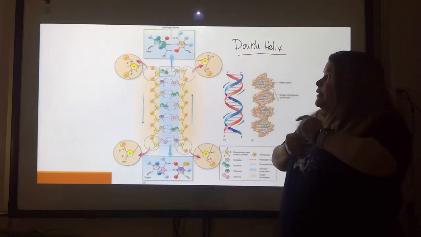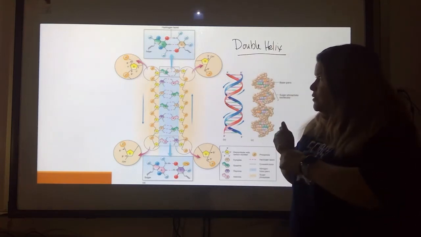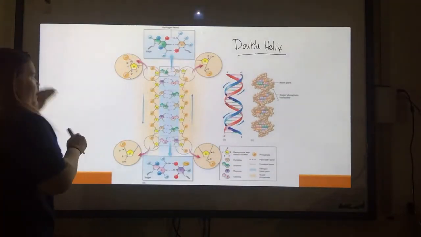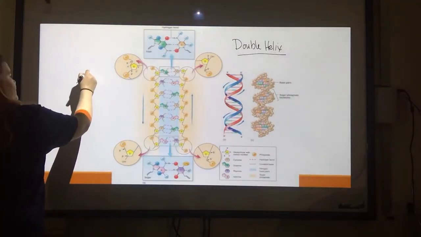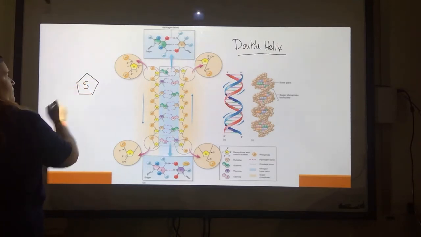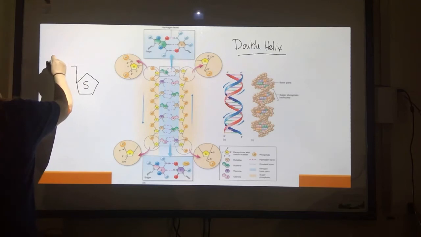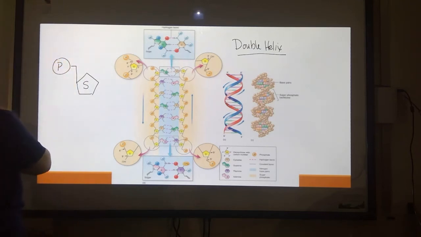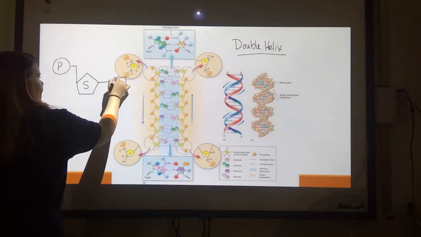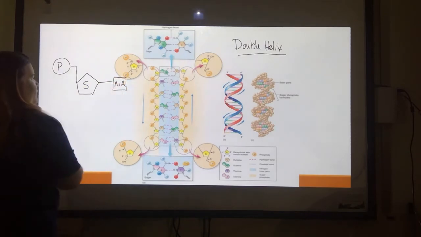Your nucleotide has a five-sided sugar, that's the sugar, then a phosphate group, and then on this side, you have your nucleic acid.